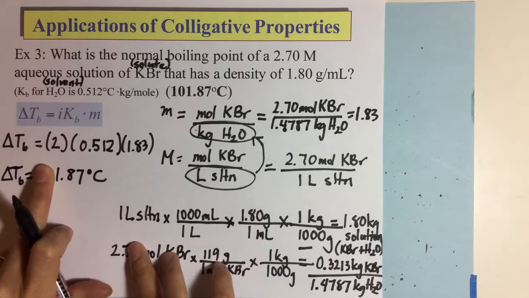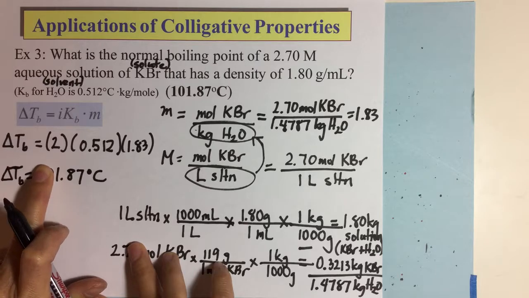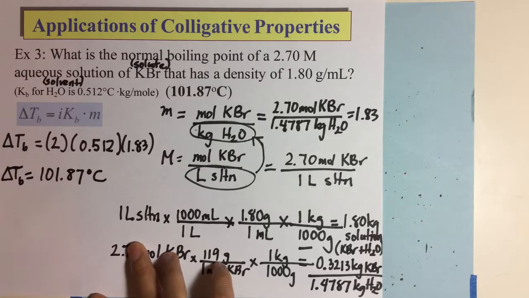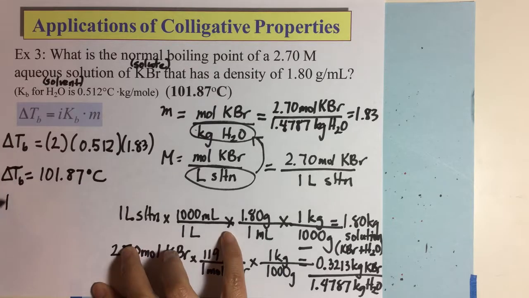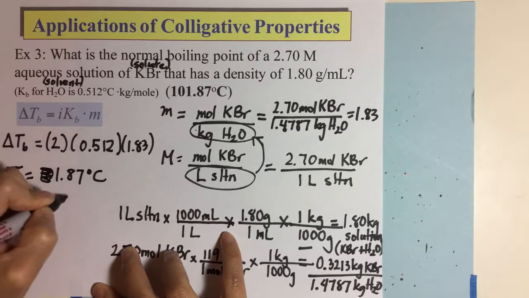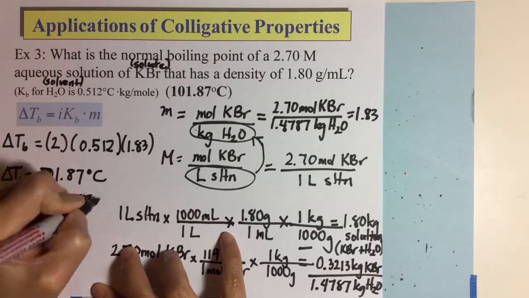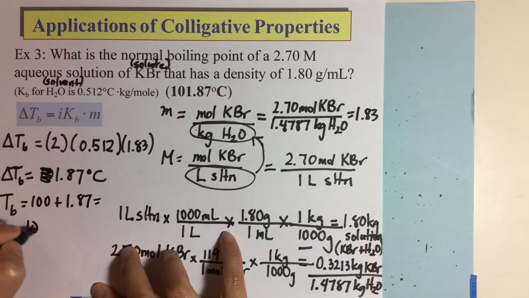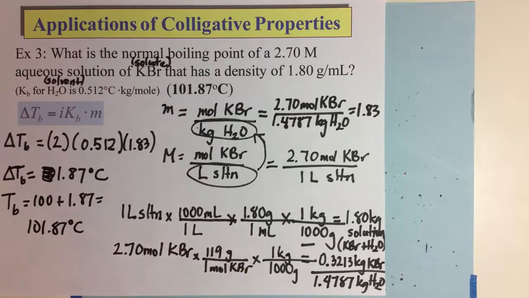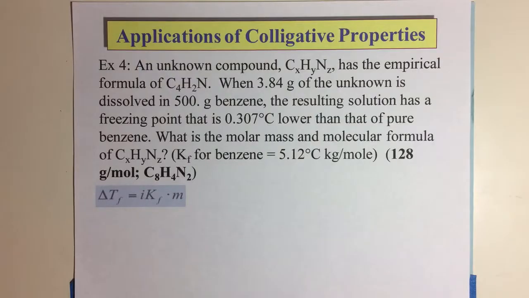So again, when you solve this, you'll get 1.87, add 100, because water boils at 100. So technically, TB is 100 plus 1.87, and that will give you 101.87 degrees Celsius.